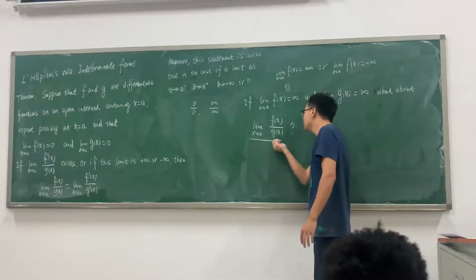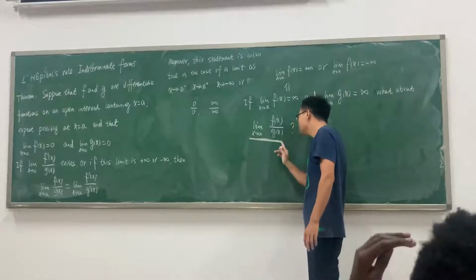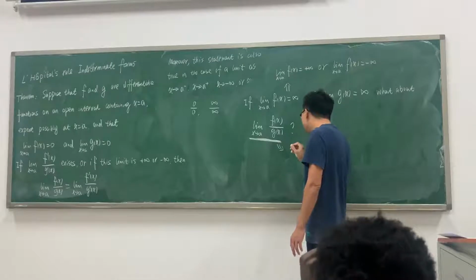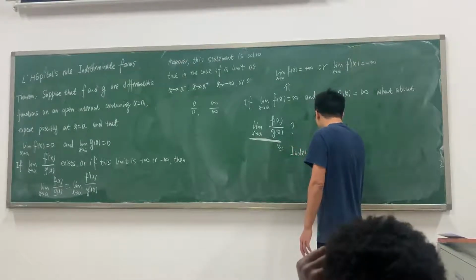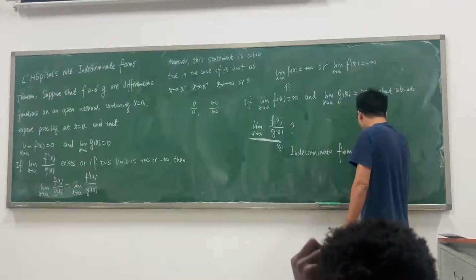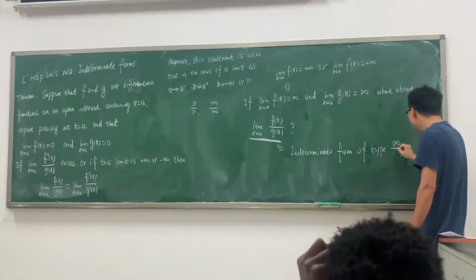For here, actually we have a name in mathematics. In mathematics, we call this form the indeterminate form of type infinity by infinity.